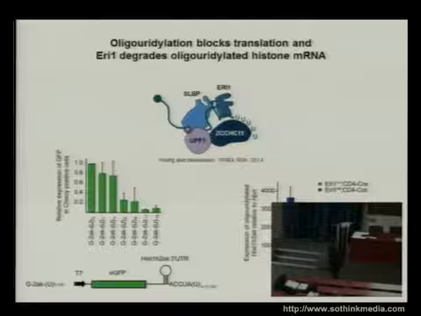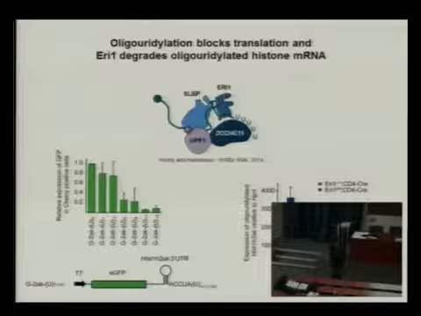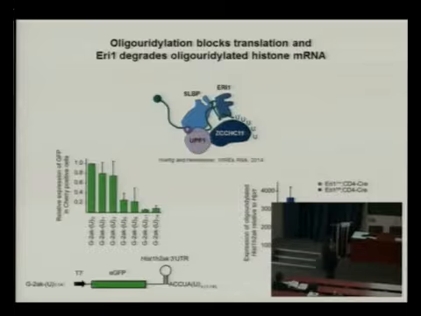And when you shoot this construct into cells, you find GFP in the FACS in the cells that don't have any U's, and you find very little GFP after you add 5 U's to this histone mRNA. So oligouridylation inhibits translation.